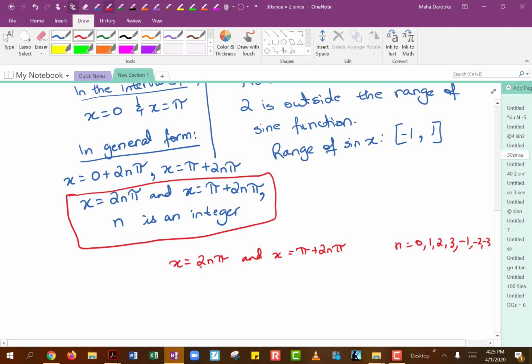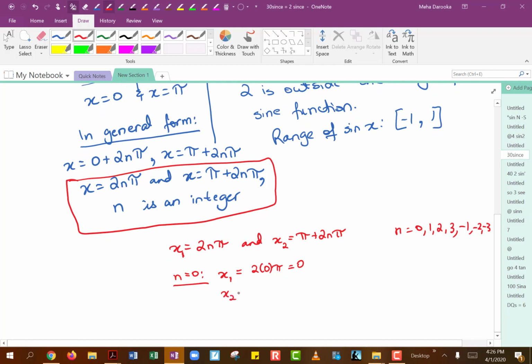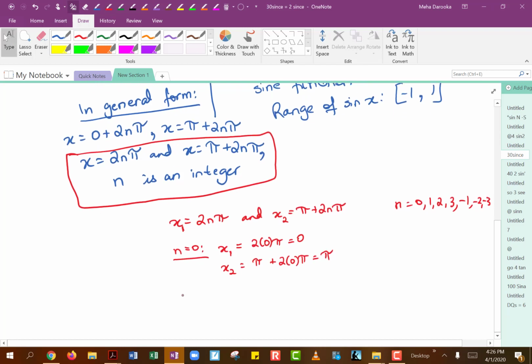If you put 0 for n, then for this first one, let's call this x1 and x2. For x1, you would end up getting 2 times 0 times pi, which would give you 0. For x2, you would have pi plus 2 times 0 times pi, which would give you pi as the answer.